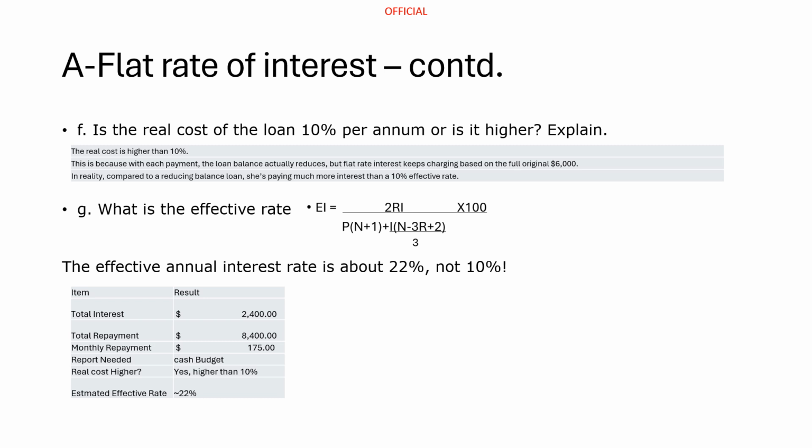I hope you remember I mentioned that we can just double up as a strategy. We can just double up the flat rate to get the effective rate. So in this case, 10% doubled is 20. Again, it's pretty close to what we discussed. And the actual estimated effective rate is 22%.